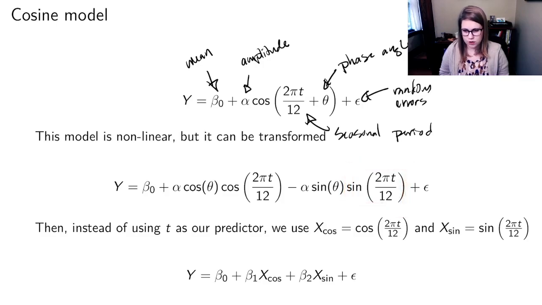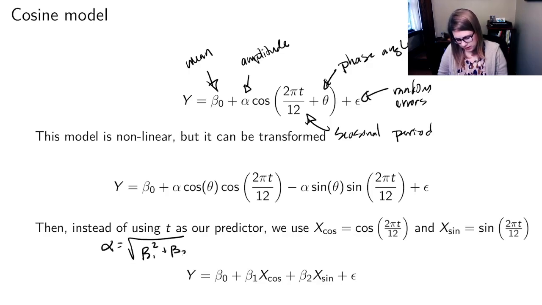And then we're just trying to predict alpha, which is equal to the square root of beta 1 squared plus beta 2 squared, and theta, which is tan minus 1, the inverse tangent, of negative beta 2 over beta 1.